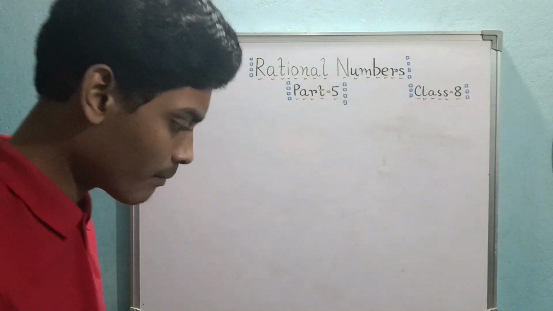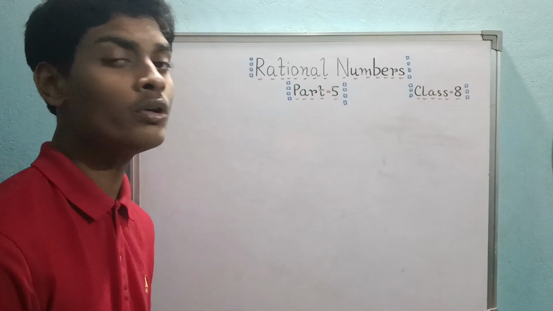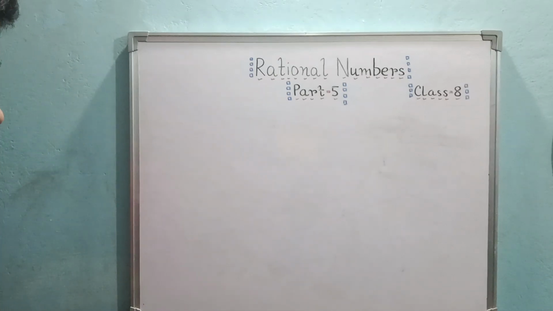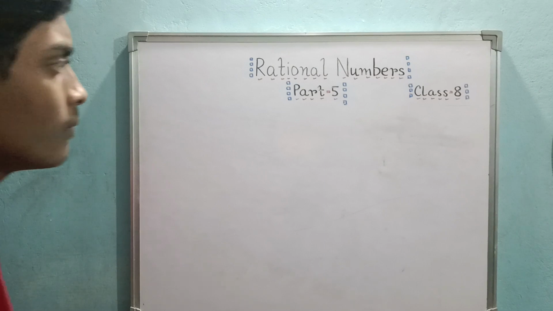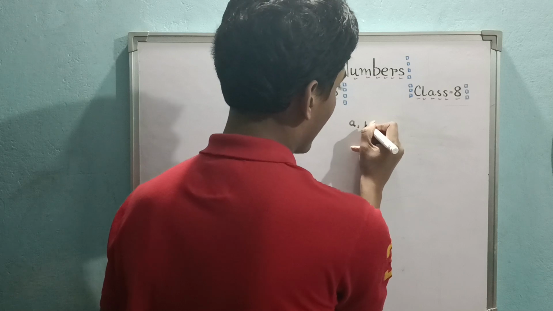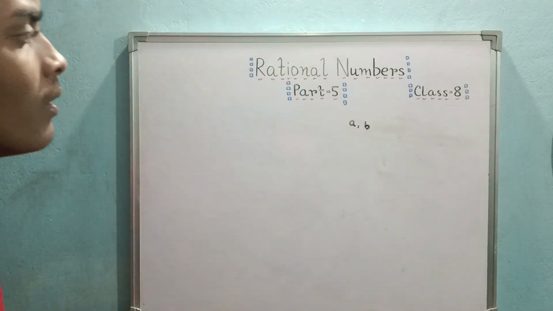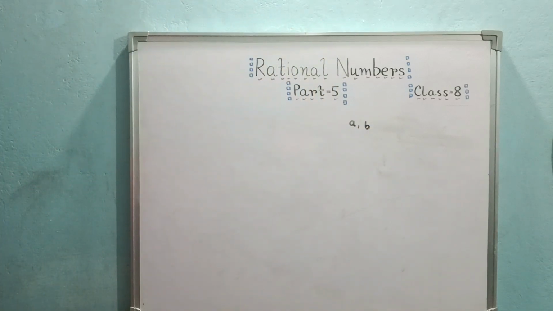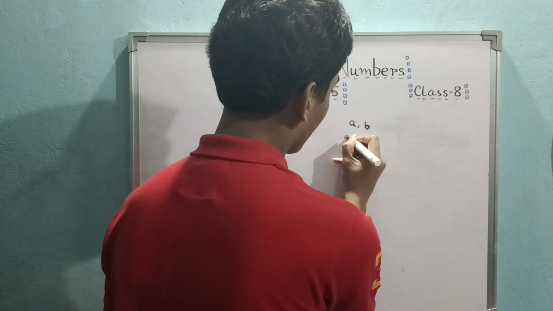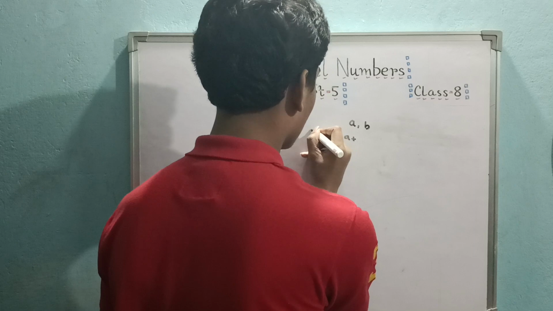Now, inserting rational numbers between two rational numbers. There are two methods. Suppose there are two rational numbers a, b. I tell you, insert one rational number between a and b. What you can do is, that other rational number will be a plus b by 2.